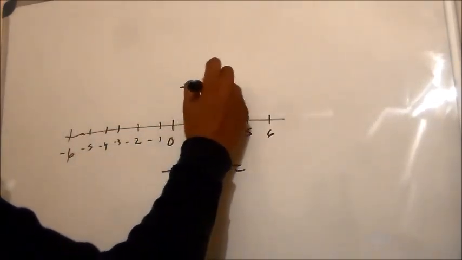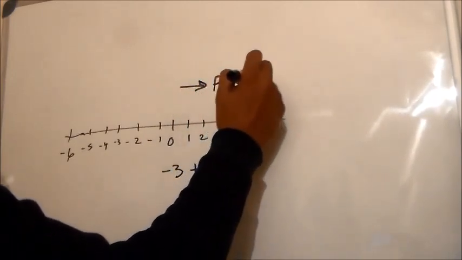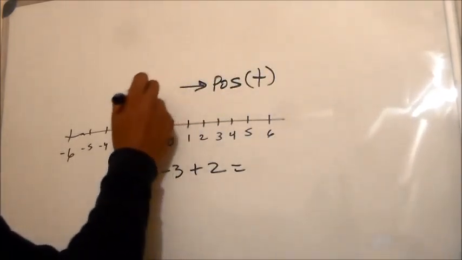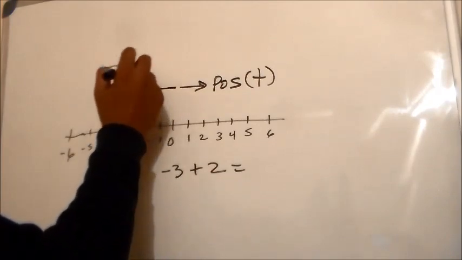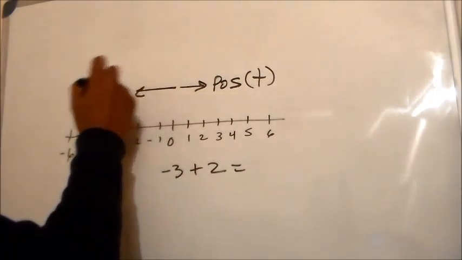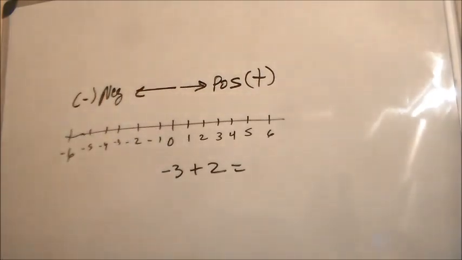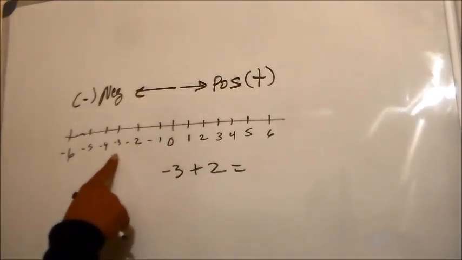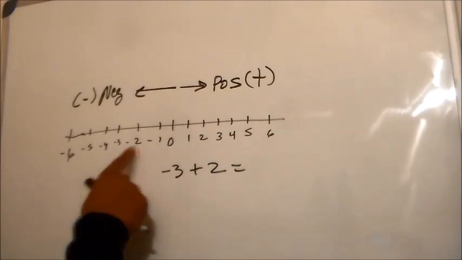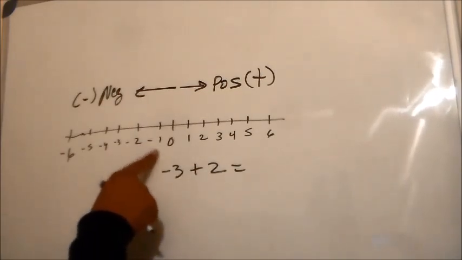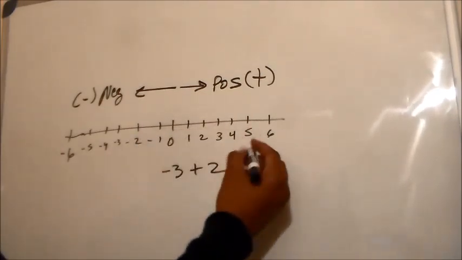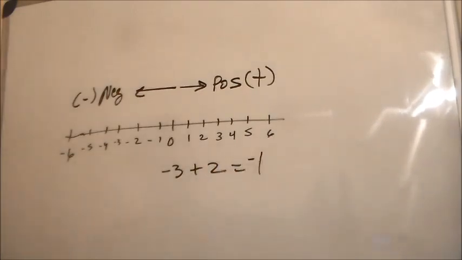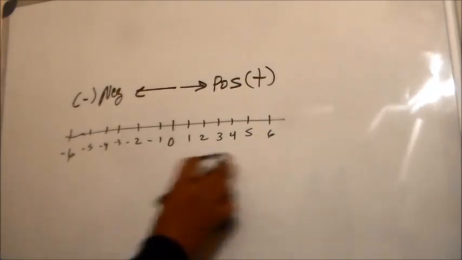This is the positive direction, I'll put a plus sign, and this is the negative direction, I'll put a minus sign. So if we go 3 units in the negative direction, and then we go 2 units in the positive direction, we wind up with -1. Okay, I'll do a couple of these, don't worry.